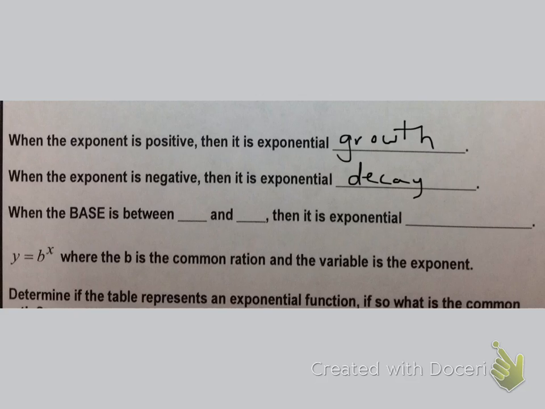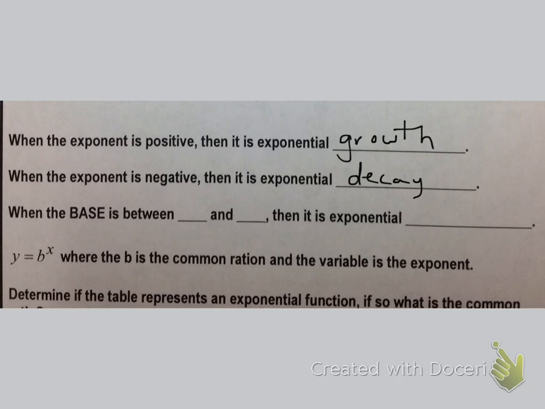Now, somebody asked, why is the fourth one? Because it says if the exponent is negative, then it's exponential decay. And so on the second graph, the exponent is negative, right? On the first graph, the exponent is not negative. So the third one, the exponent is not negative. So why is it decay then? Because it's a fraction.